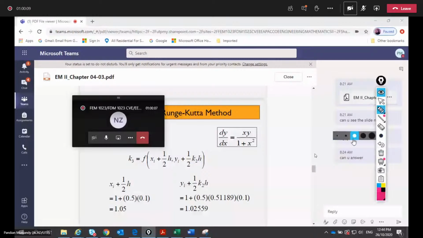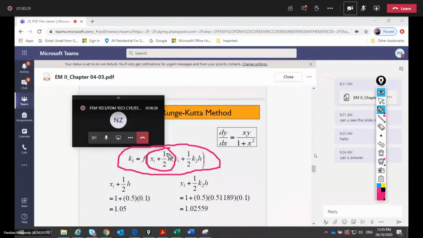Now, K3. You see, they write the formula for K3 every time. This is very important, class. Every time you must write this formula. K3 equals f(xi plus h/2, yi plus K2 h/2). So this part is the same, but they still redo the whole thing. X naught plus half h.